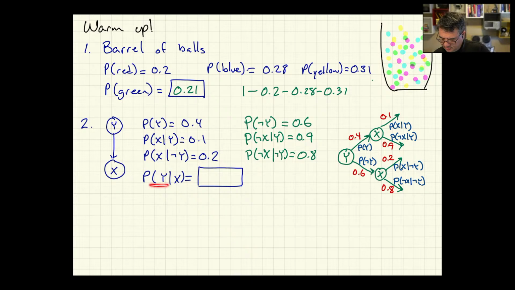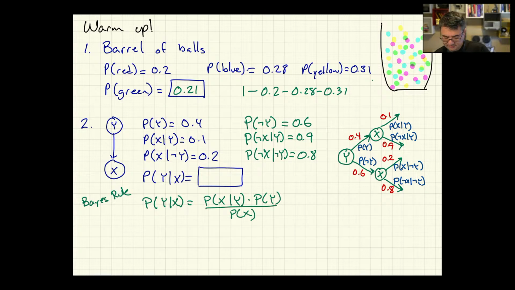Now we want to calculate the probability of y given x. So we'll use Bayes' rule for that. Which is the probability of y given x is equal to the probability of x given y times the probability of y over the probability of x.